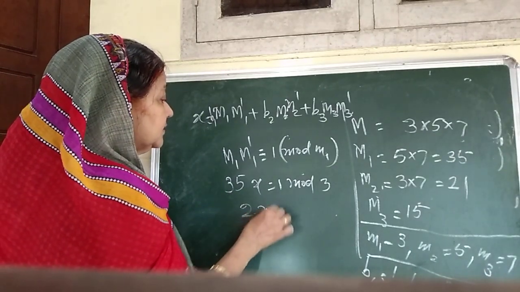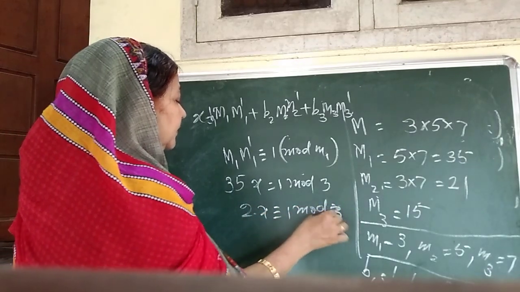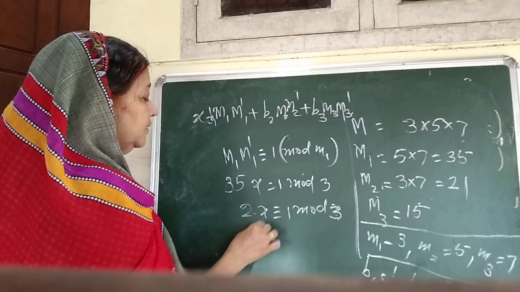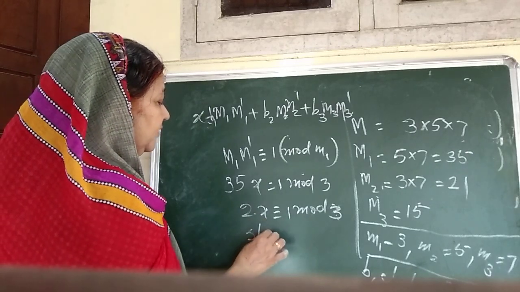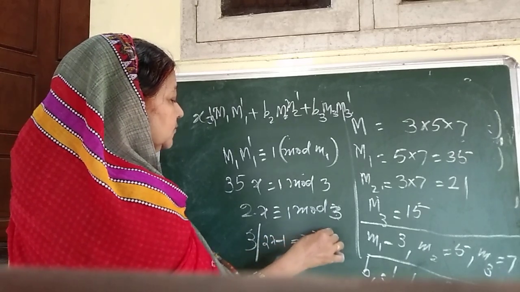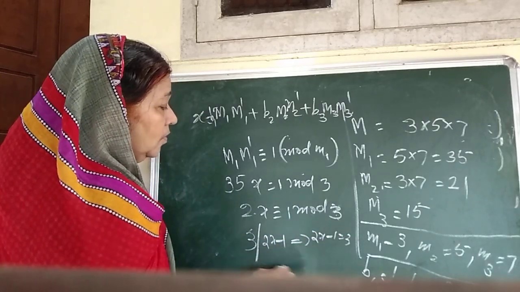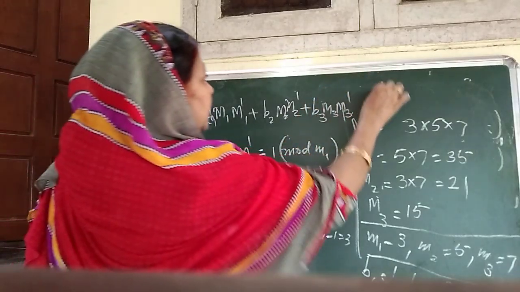Therefore, 2x is congruent to 1 mod 3. That is, 3 divides 2x minus 1. Say 2x minus 1 equal to 3, which gives 2x equal to 4, or M1 dash equal to 2.